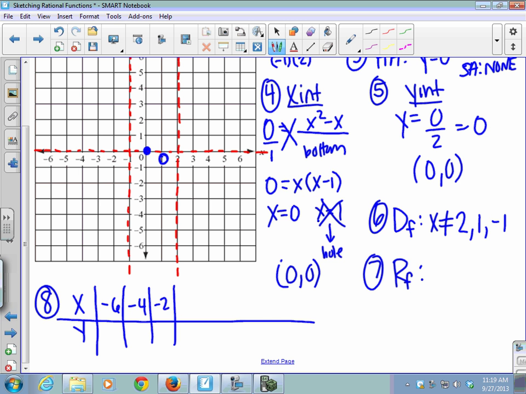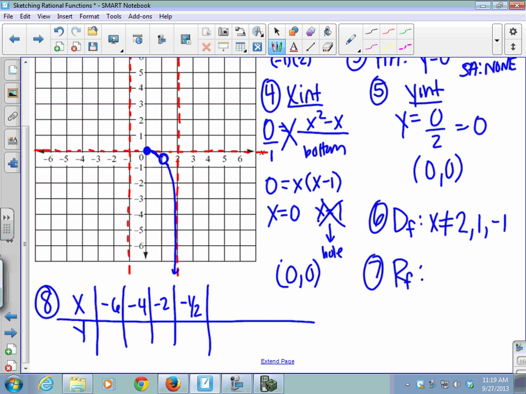Now, in the center, I've already got 2 points, and from those 2 points, I know that the hole is lower than this point, so I can pretty much tell that this side is going to continue to go down and follow that asymptote. But I don't really know what the side to the right is going to do, so I would like to find the point at -1/2. So I'm going to put -1/2, and that'll be my other point for that middle section.